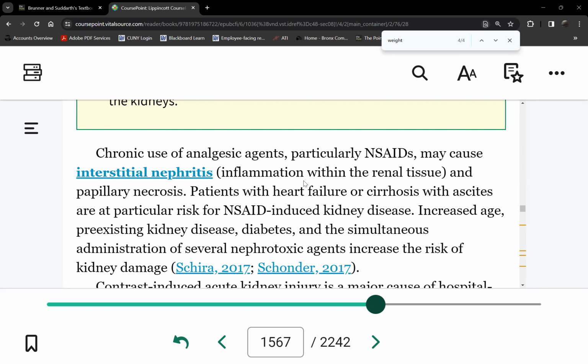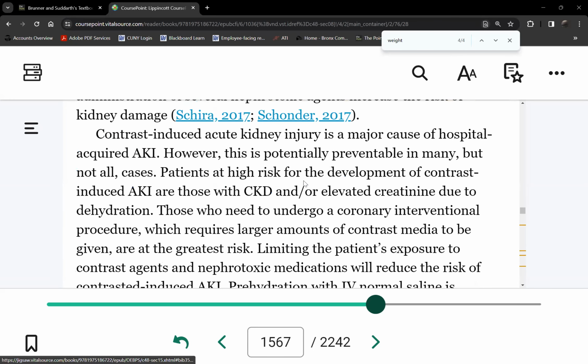So therefore, if you take NSAIDs for a long time, several doses a day, so what happens to blood flow to those nephrons? So what will happen to your nephrons? They die off little by little. Okay, so that's what leads to kidney damage. Yes, you can take NSAIDs, but not too much, okay?